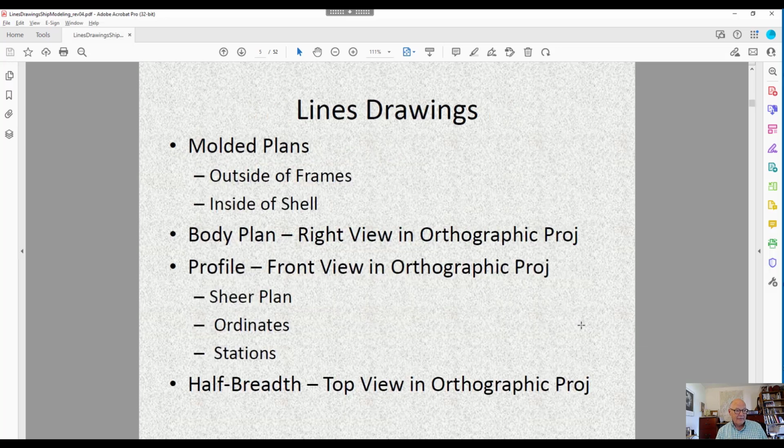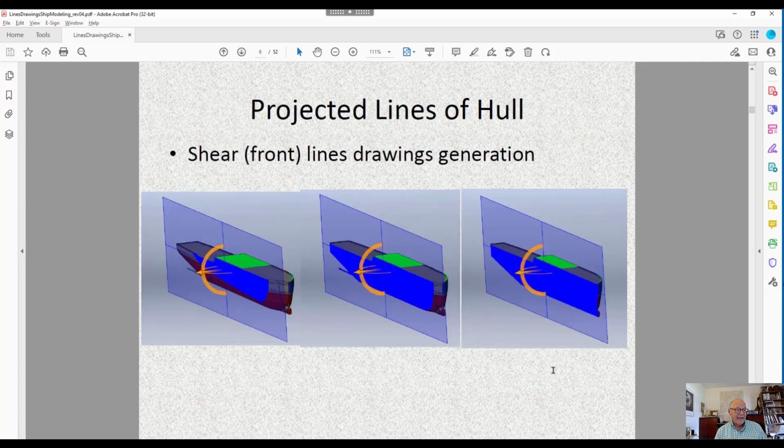If we look at something, you can see what this is. Okay, molded plans, the outside's the frames, the inside of the shell. That's a particular kind of plan to show you what the shape of the hull is. And the body plan is a right view if you're looking at orthographic projection. Profile is the front view in orthographic projection, and that's known as a shear plan. And we'll see in a minute it has ordinates or stations. And then the half breadth plan is the top view looking down at it.